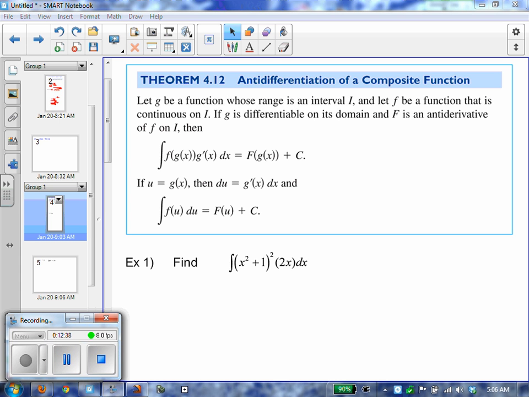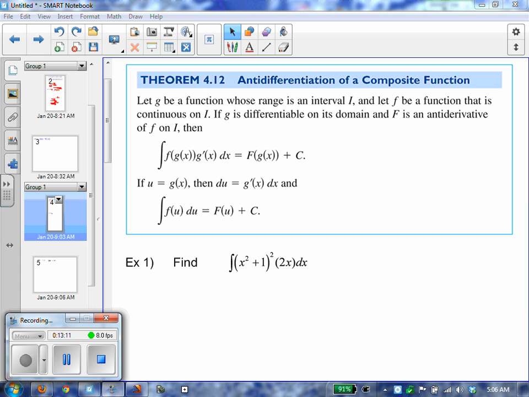But now we're going to be able to do it because this is basically allowing us to do problems with what they call composite functions, right? Functions within functions. So they're going to get a little bit more complicated on the inside. But it's really not that bad. So all they're saying here is if you have an integral, as long as this thing is differentiable, which means that it's going to be continuous everywhere on its interval, and doesn't have any sharp points or any breaks or anything like that.